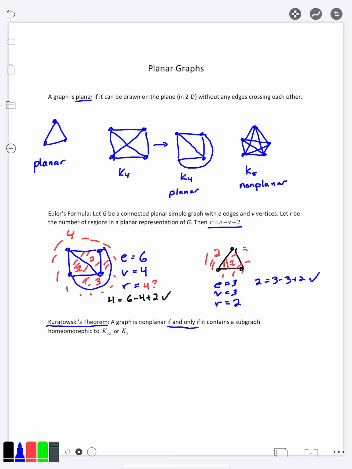So if you look at your whole complicated graph and you can't find a K3,3 part of it, or you can't find a K5 part of it, then that means it's going to have to be a planar graph somehow. Maybe you can't see how to redraw it, but if there's no K3,3 in there or K5 in there, it is guaranteed to be a planar graph. And so that is like the end of the story on planar graphs, basically.